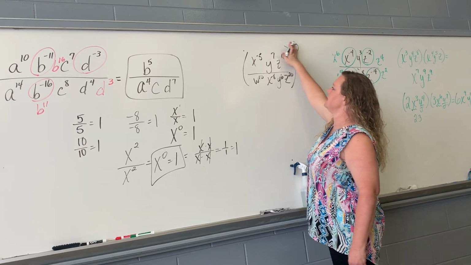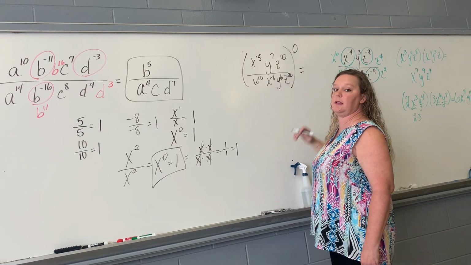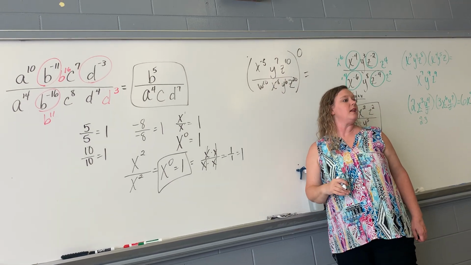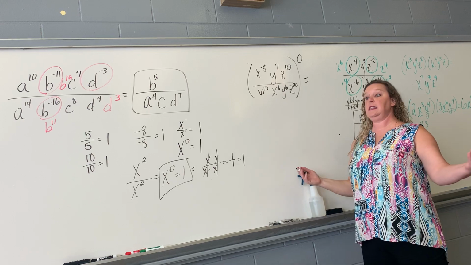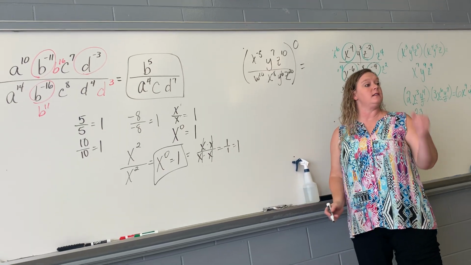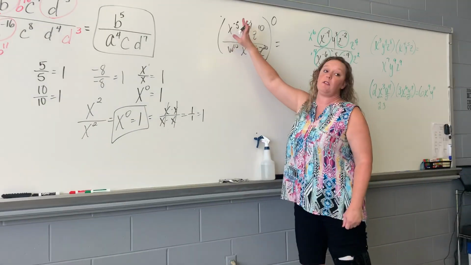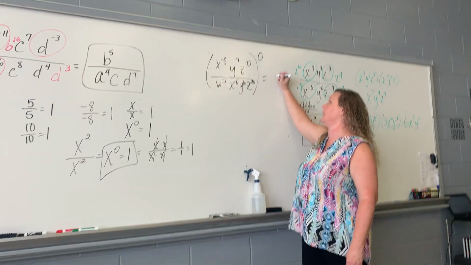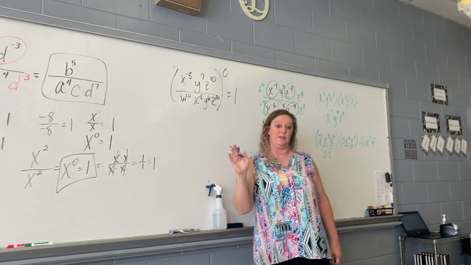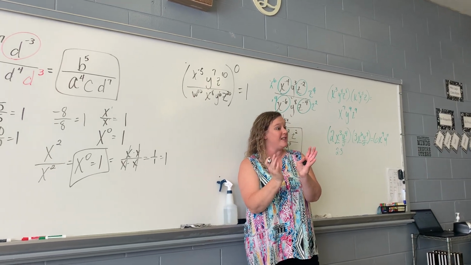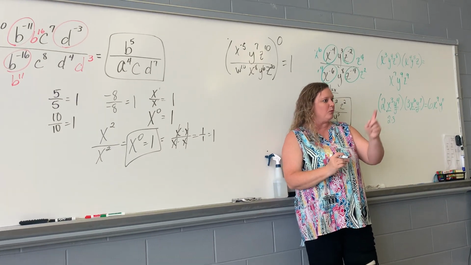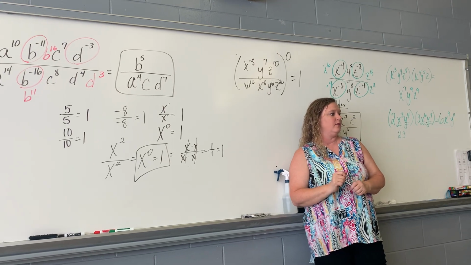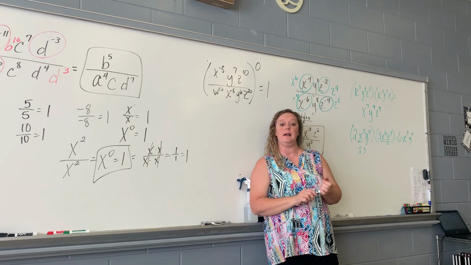You multiply. So what is any number times 0 going to be? 0. Well, anything to the 0 power is 1. So if you ever see a problem like this with a 0 exponent outside, the answer is 1. You don't have to do anything else to it, because it's all to a power of 0, which means it's a 1. So be careful and look for that.